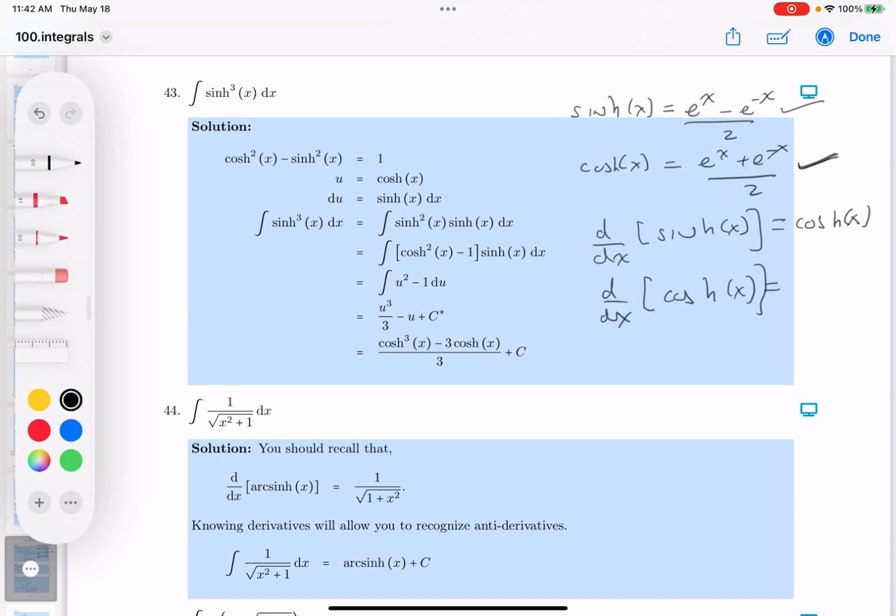I differentiate that, what do I get? Well, it looks like I get the hyperbolic sine. Not so bad. Pretty easy to derive by looking at those two facts.